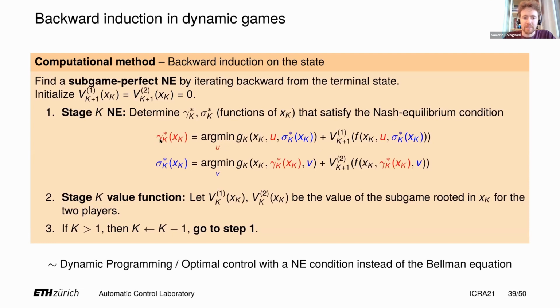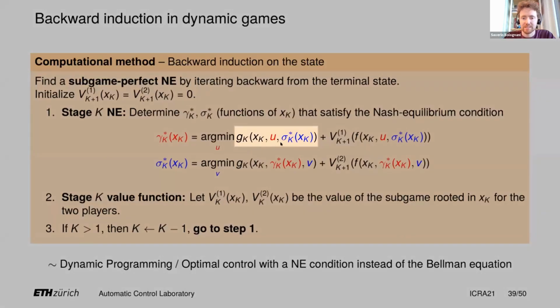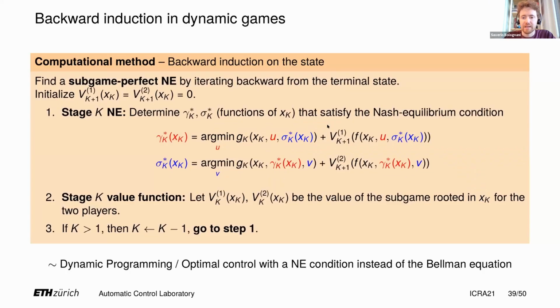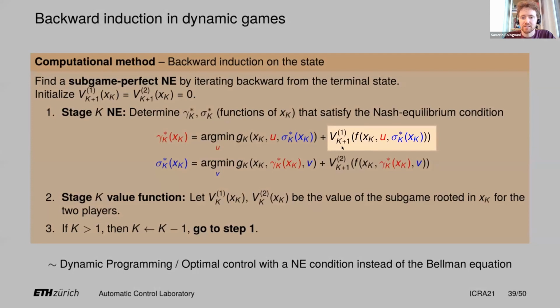So gamma_k star, a function of x_k, needs to be the best that player one can do to minimize the stage cost. This is the cost at the last stage. And the next stage is going to be a value function, not in the current state, but in the state x_{k+1}, which, using the update equation, is a function of the current state and the inputs.